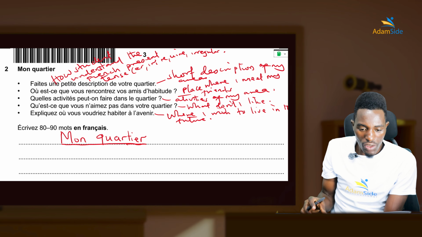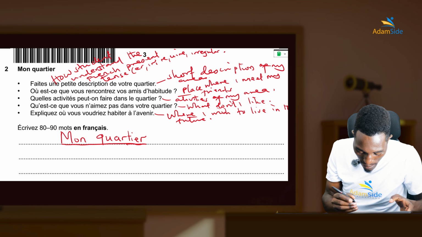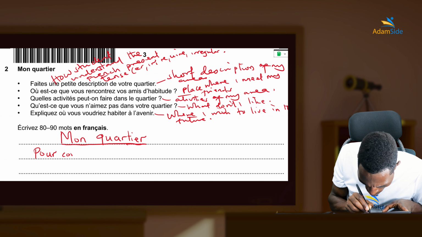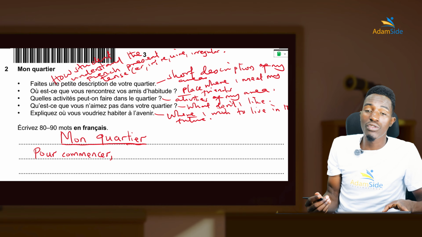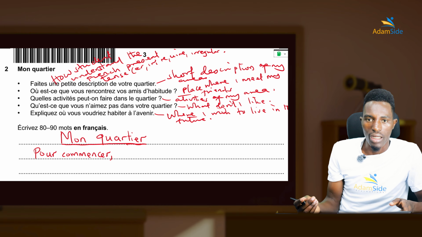So I can say, pour commencer, by starting, I have to make a paragraph. Here I can drop my introduction of 3 lines. That is enough.